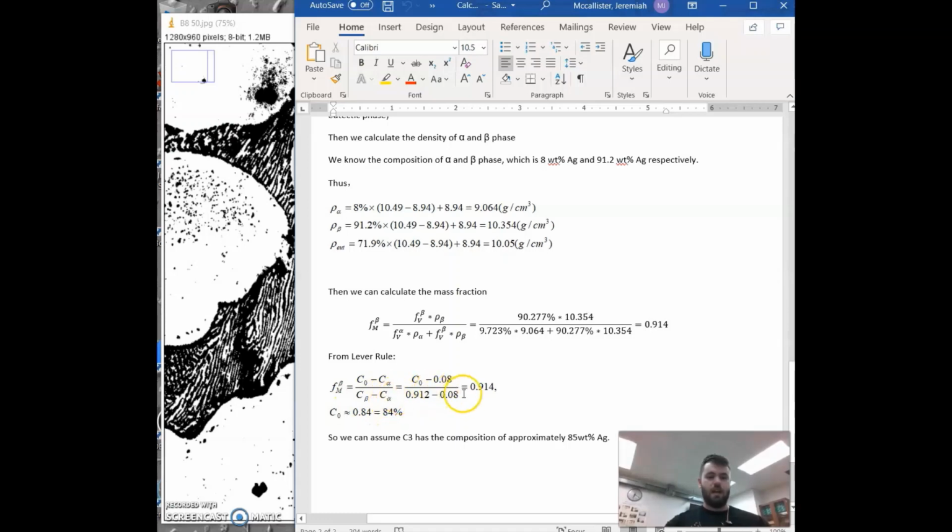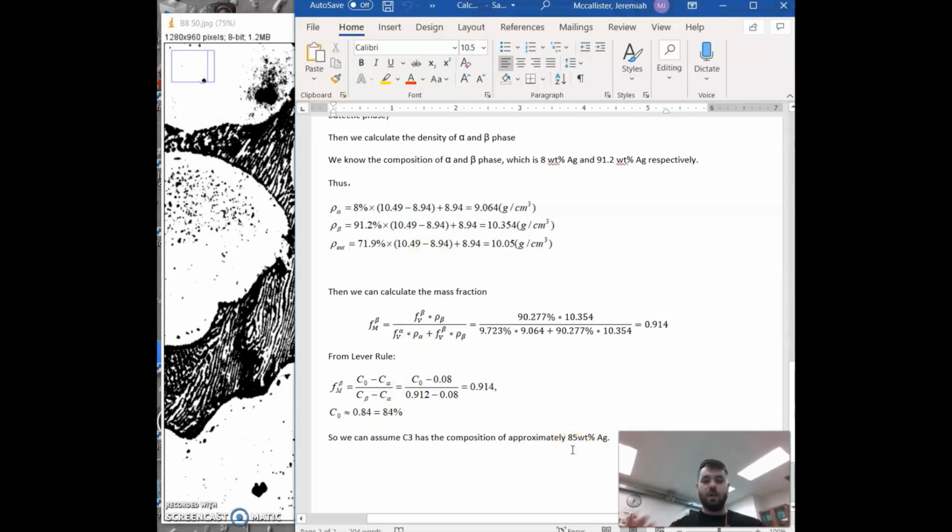So this is our tie line here. And if you work backwards through C naught, you get a fractional composition of silver. So we can say for this sample that they talk about here, it has a composition of roughly 85% silver.